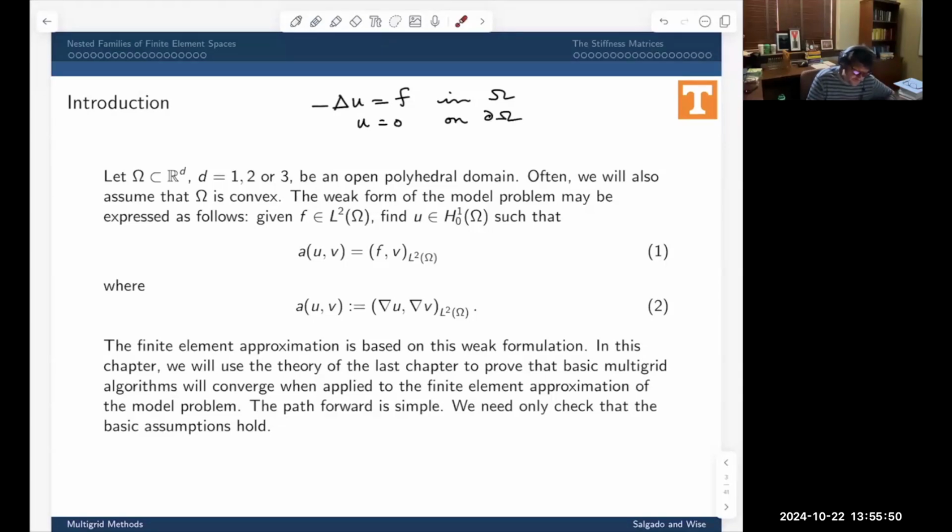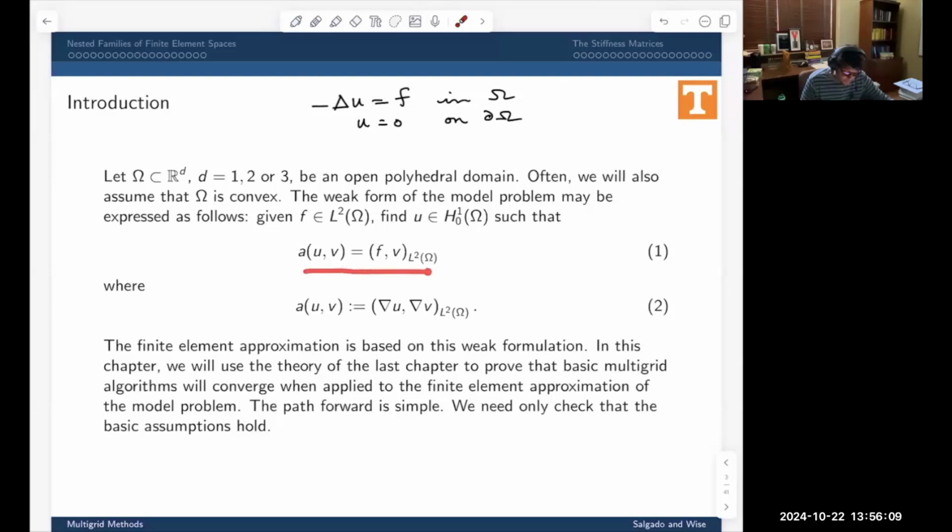Now, we're going to do the usual thing, as we've done in other classes, for example in numerical analysis: we multiply by a test function, integrate by parts, and we create a weak form of this problem. And the weak form is precisely here.